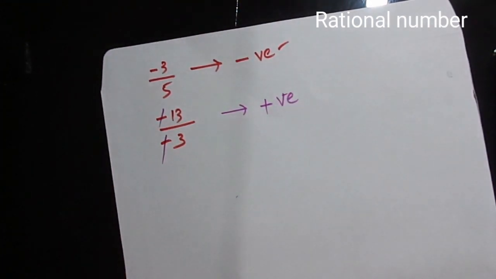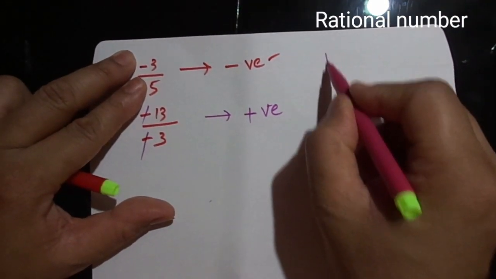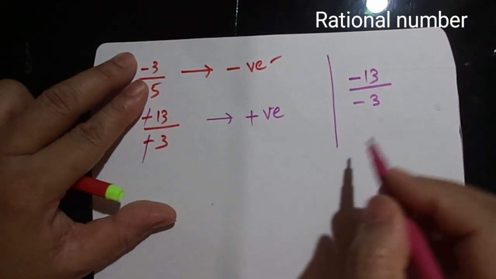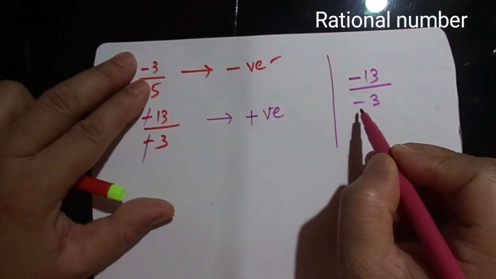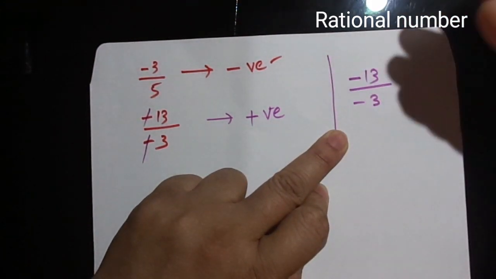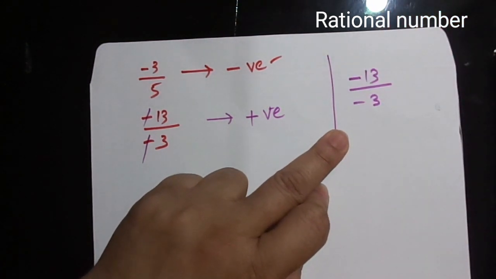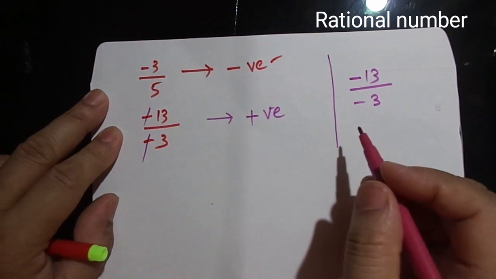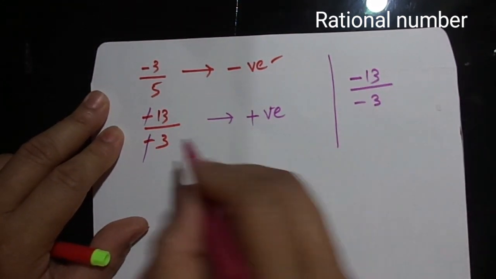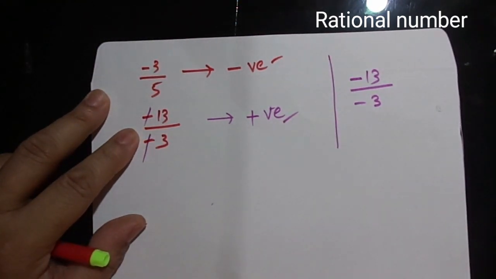I feel as if the minus sign is so light that it floats to the top, and when it goes up, it becomes positive. This is just a conception. However, you can cancel and get the value 13 by 3, so the rational number is in positive form.